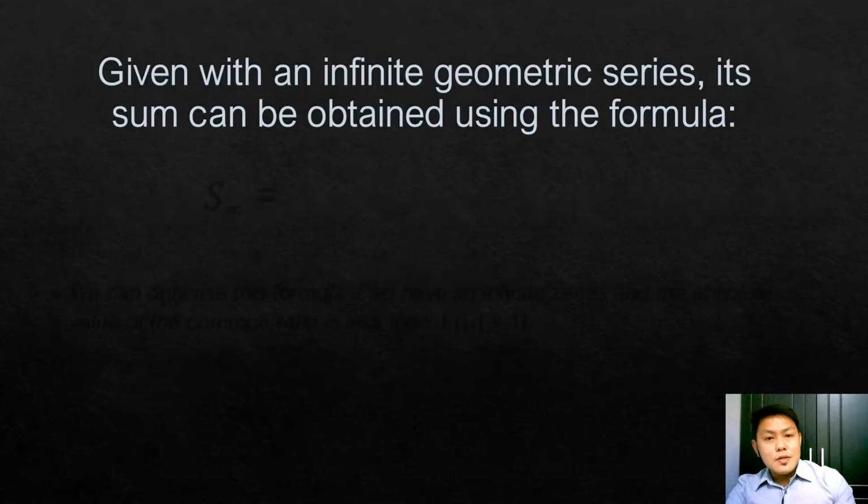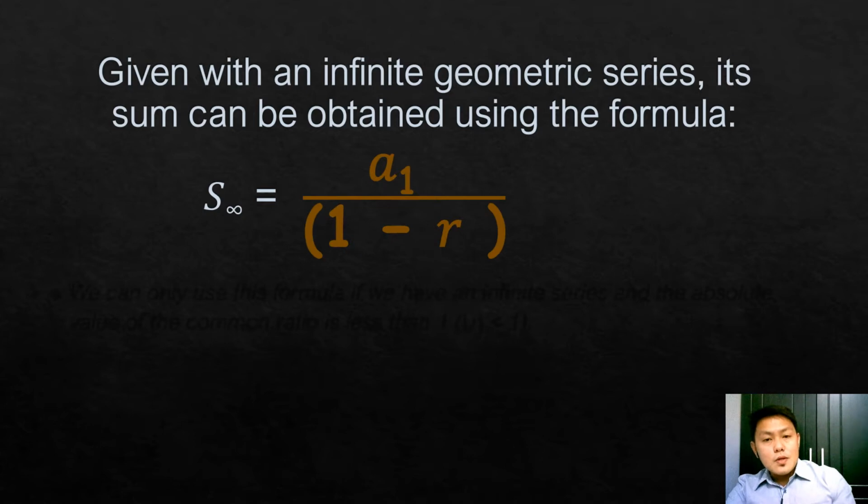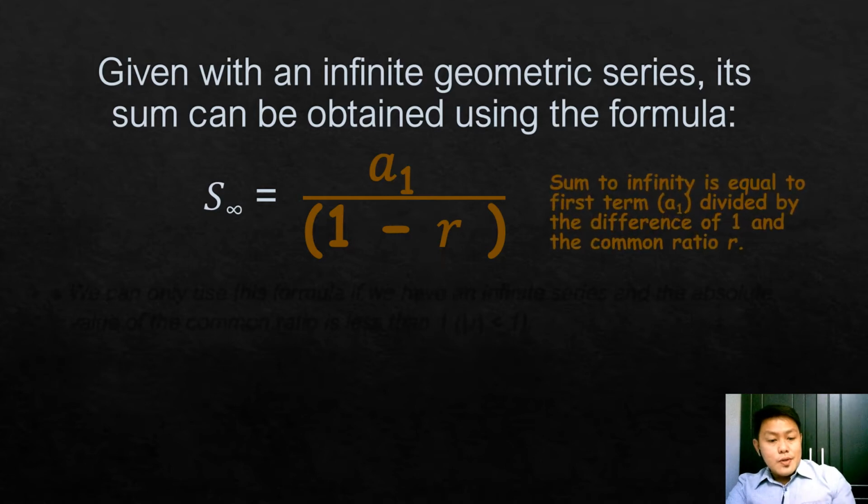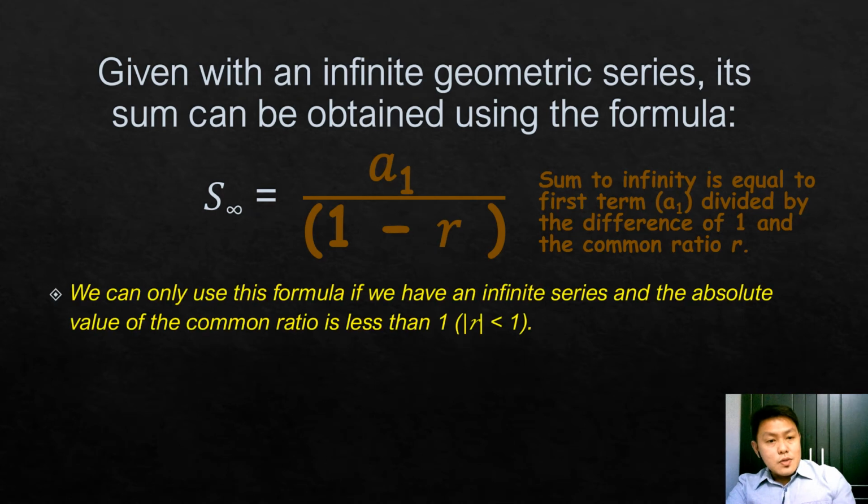Given an infinite geometric series, the sum can be obtained using the formula: the sum to infinity equals a sub 1, which is our first term, divided by the difference of 1 and the common ratio. And take note that we can only use this formula if we have an infinite series, and the absolute value of the common ratio must be less than 1.